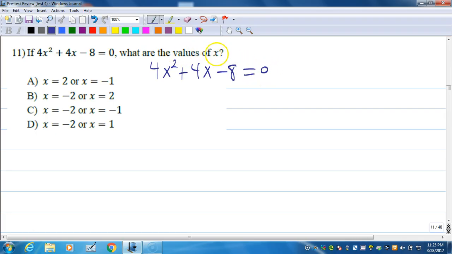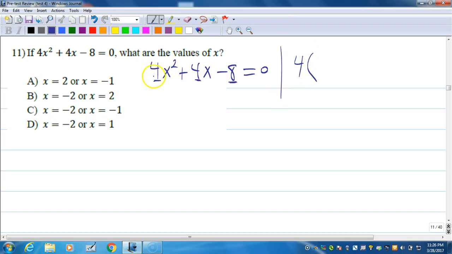What are the values of x? Well, this is factoring. And I'm going to look to see this is 4, this is 4, and this is the negative 8. Can I factor out a number from each of these? If so, it makes my life so much easier. It just so happens that I can factor out a 4.